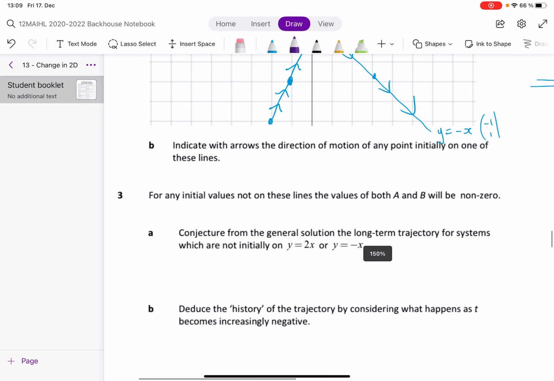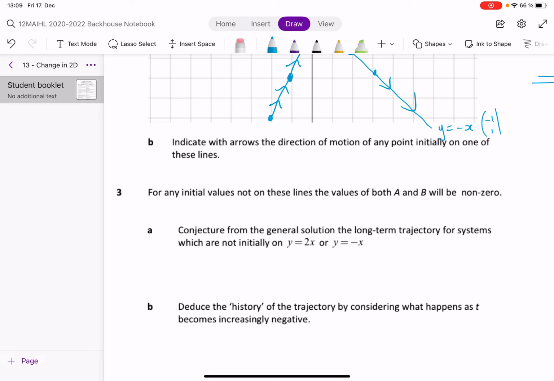So what will happen to the long-term trajectories is that as t gets larger, as t goes to infinity, the second part of our solution becomes dominant.